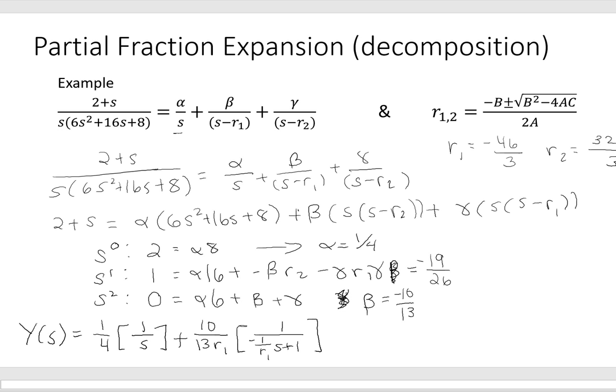Here that's just an exponential term with tau equal to negative 1 over R1, plus our last term, negative 19 over 26 R2 times 1 over (negative 1 over R2 s plus 1).